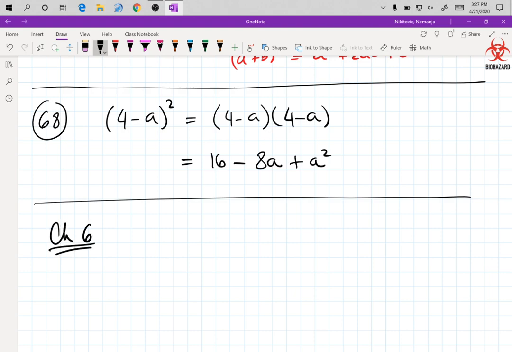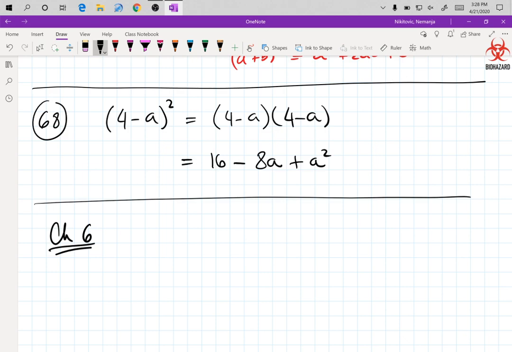Okay, some review on chapter 6, just to make sure that I am catching everything. So let's take a look at some of the questions from chapter 6. Again, for chapter 6, we only did 4 sections. So we did 6.1, 6.2, 6.4, and 6.6.